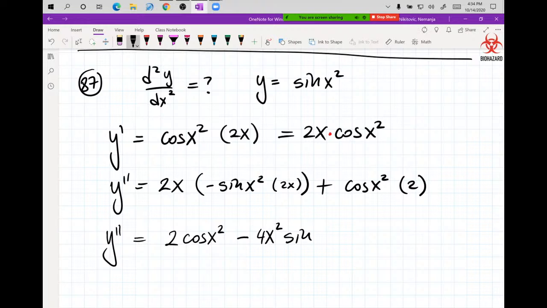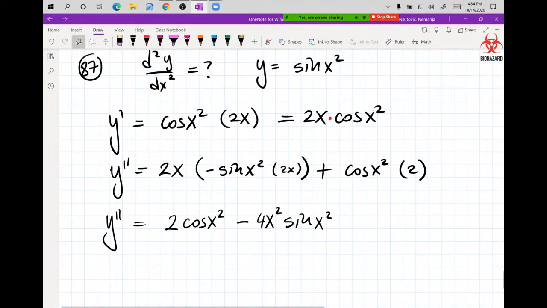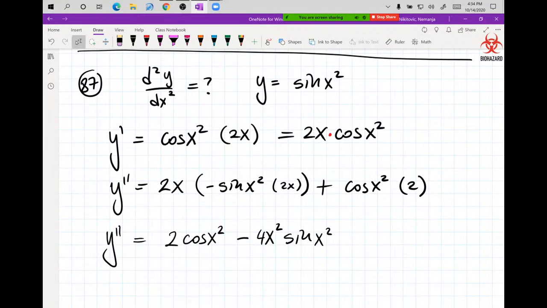There we go. Because this 2x times this 2x is 4x squared. Sine of x squared. There we go. That's it. That's the second derivative. So a little bit more mess than usual.